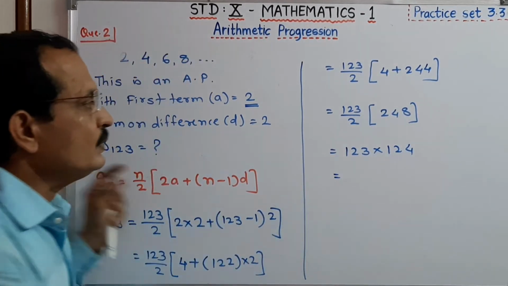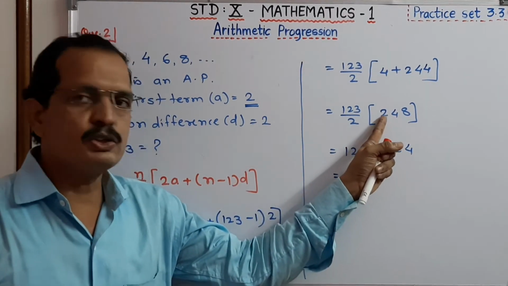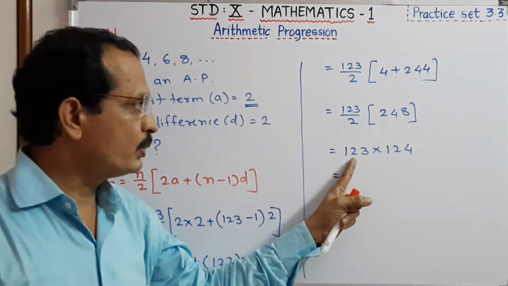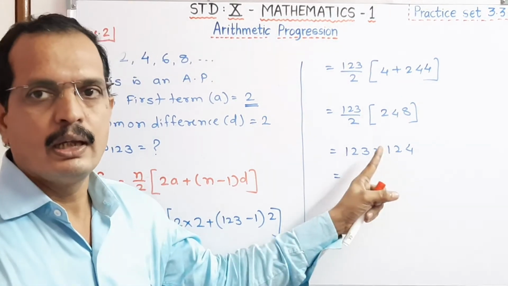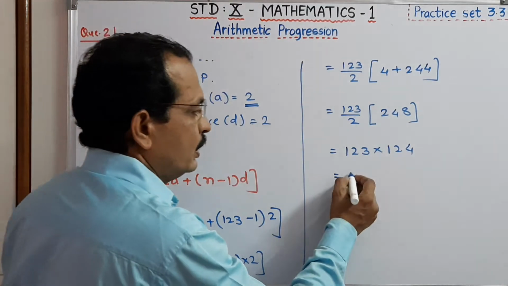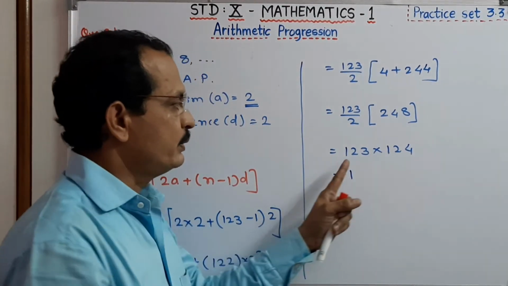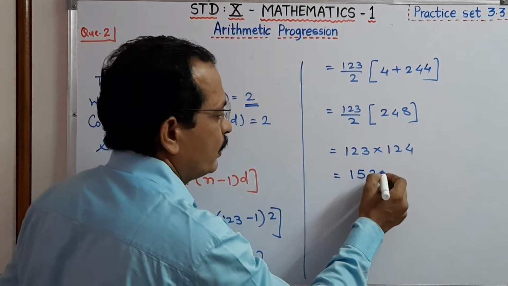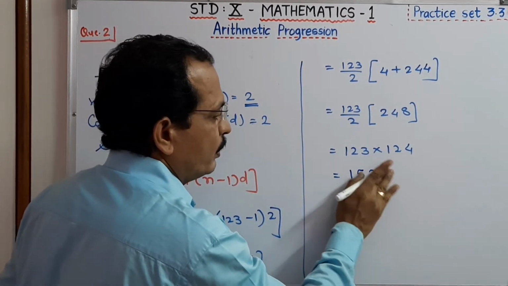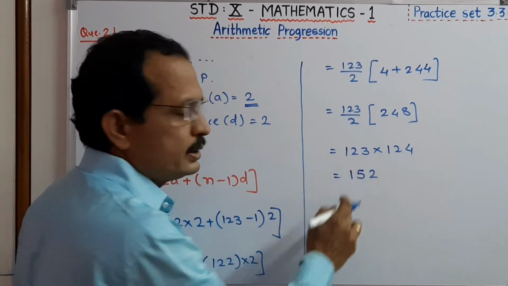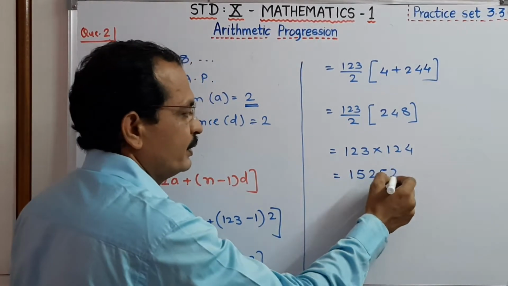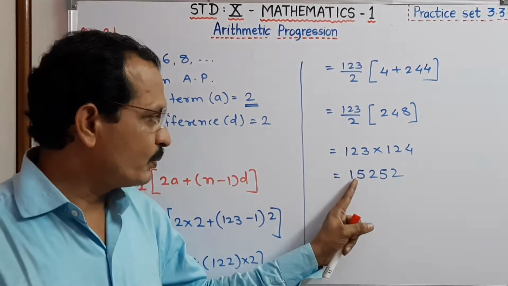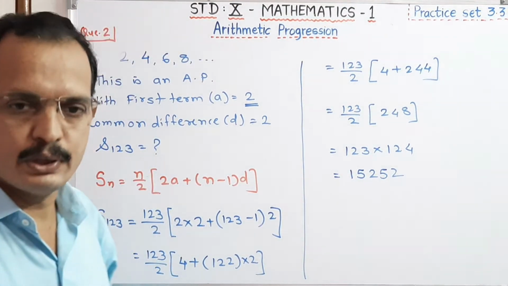We divide this 248 by 2, we get here 123 into 124. 123 into 124, we get here 15,252.